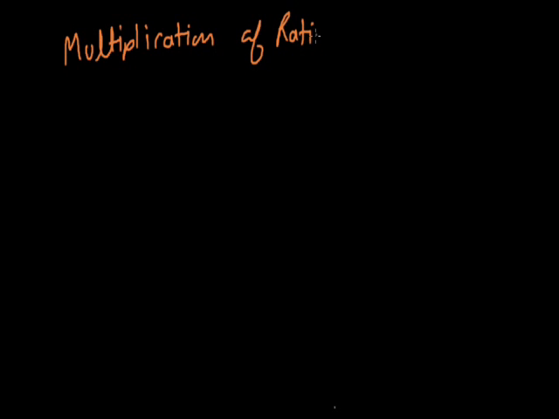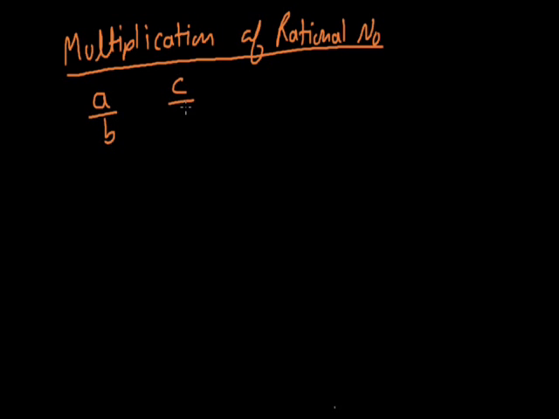Now let's see how we can multiply rational numbers. Now we discuss the multiplication of rational numbers. Let's say we have two rational numbers, a by b and c by d.